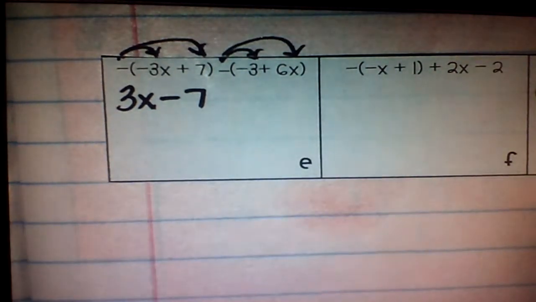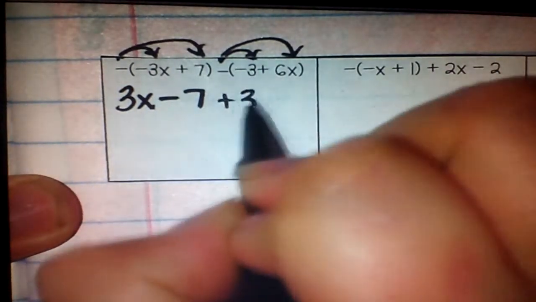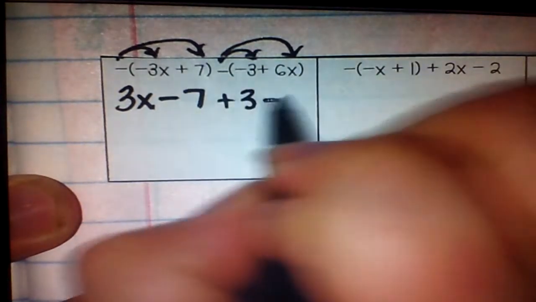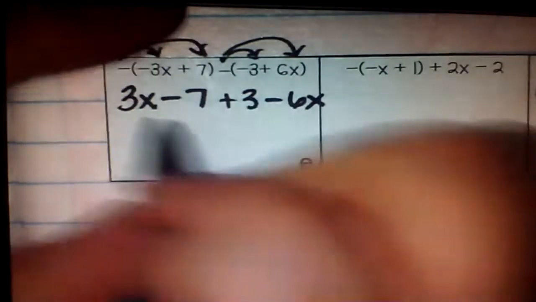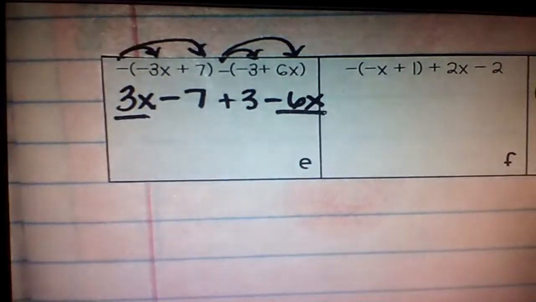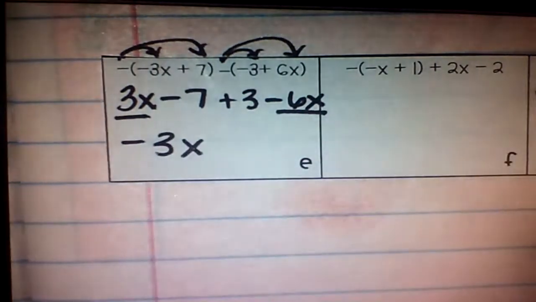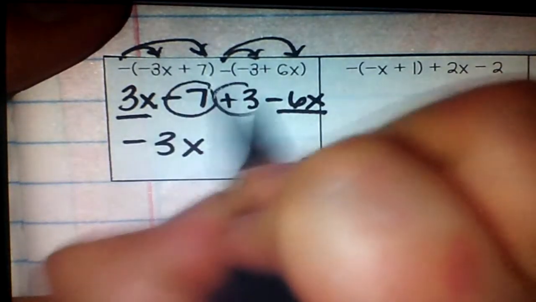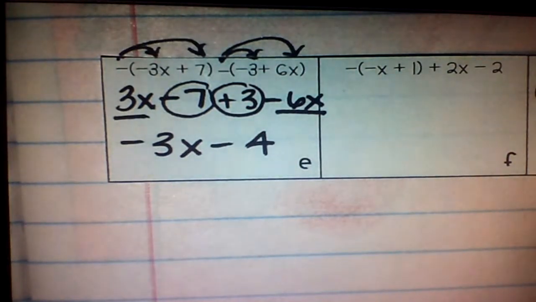Negative times a negative makes this a positive 3. And a negative times a positive makes this a negative 6x. We combine like terms. So 3x and negative 6x becomes negative 3x. Minus 4. You're done, right?